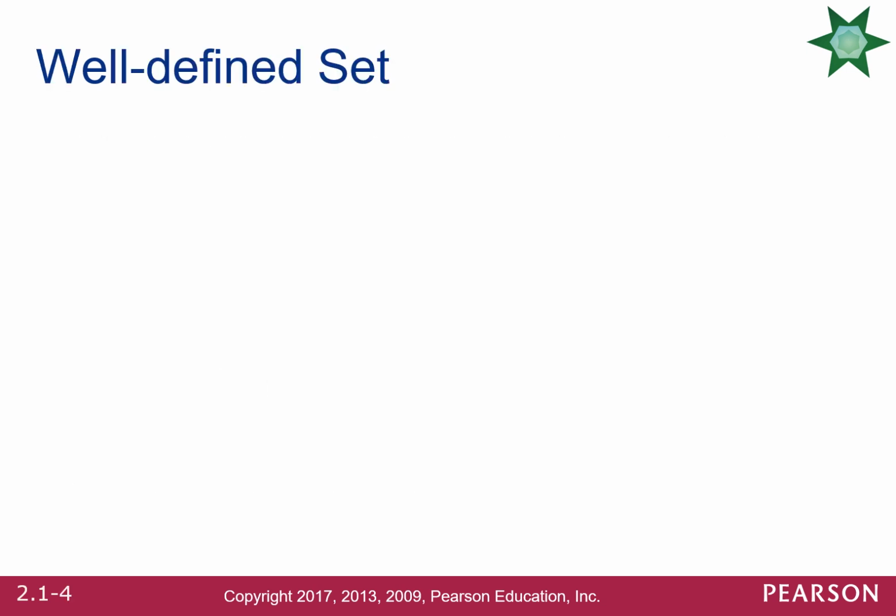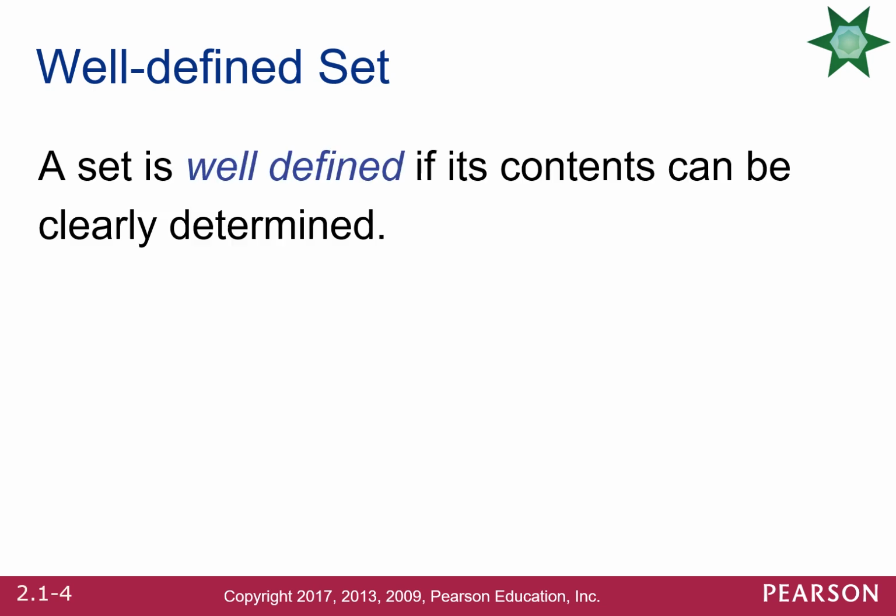Now, sets can either be well-defined sets or ambiguous, not so well-defined sets. So a well-defined set is one where the contents can be clearly determined. So the elements of the contents are explicit and are known. That would be a well-defined set.